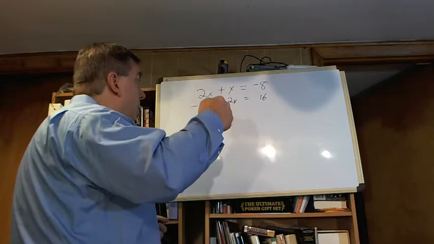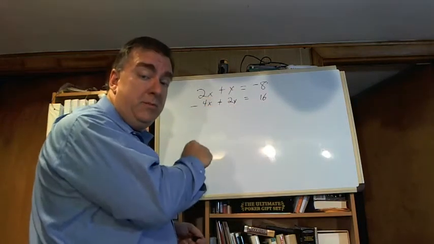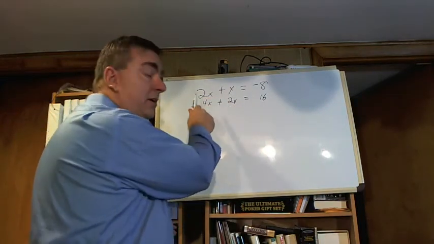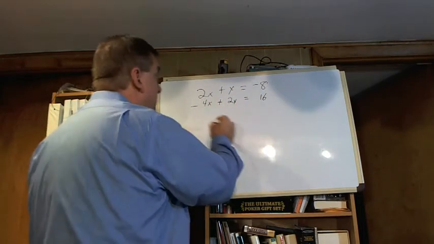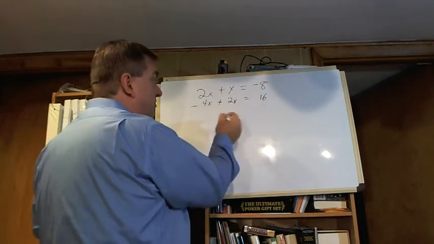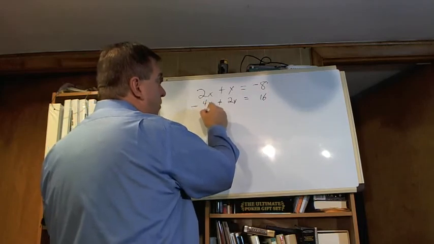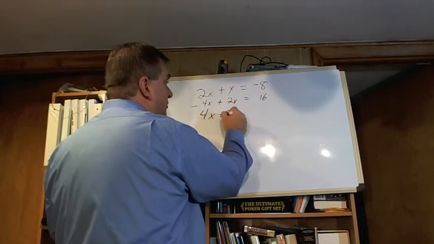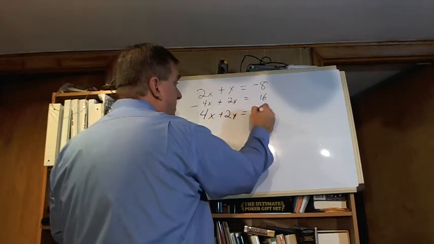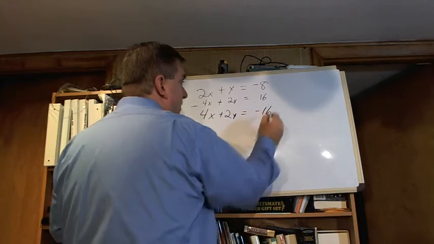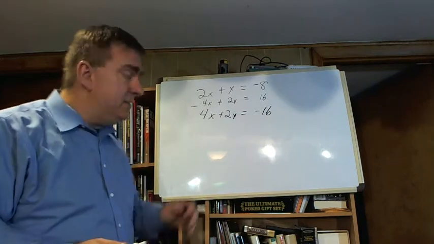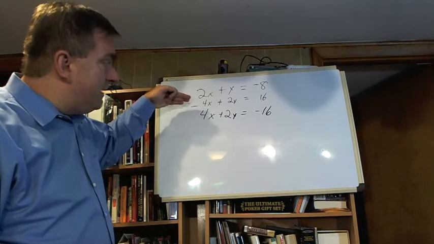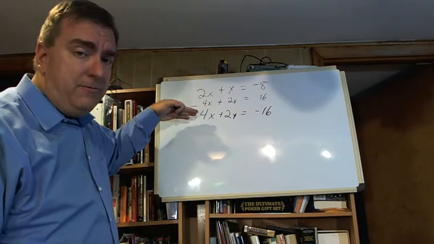So the first thing we're going to do is multiply the first calculation by 2 to make it match the second calculation better. If we multiply the first calculation by 2, we come up with 4x plus 2y equals negative 16. Look at that. This is such a great candidate for combination because negative 4x now cancels out the 4x.